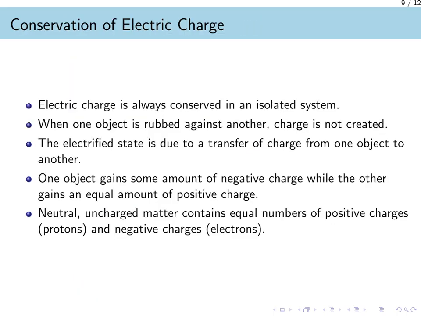An extremely important aspect of electricity is the principle of conservation of electric charge. This principle states that total electric charge is always conserved within an isolated system. When you rub one object against another, such as glass on silk, electric charge is not actually being created.